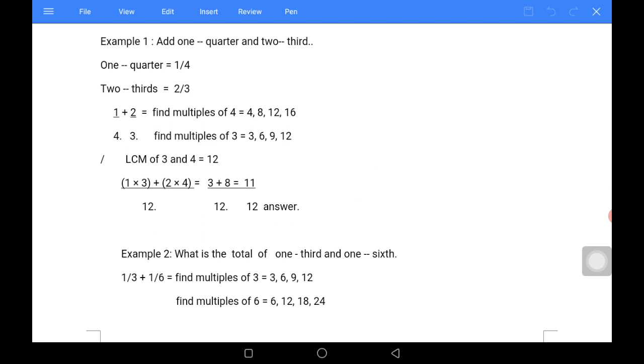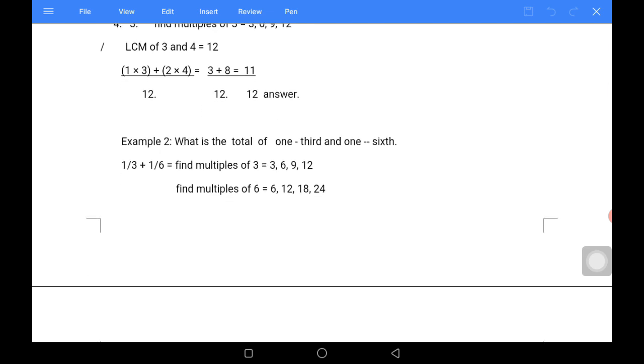When we add our equation together, 1 times 3 will give us 3, plus 2 times 4, which is 8. After multiplying, you add 3 plus 8. It will now give us 11 all over 12. And that is the answer, 11/12, that is 11 all over 12.